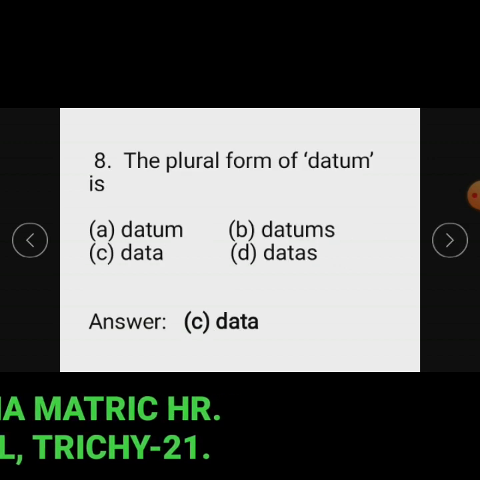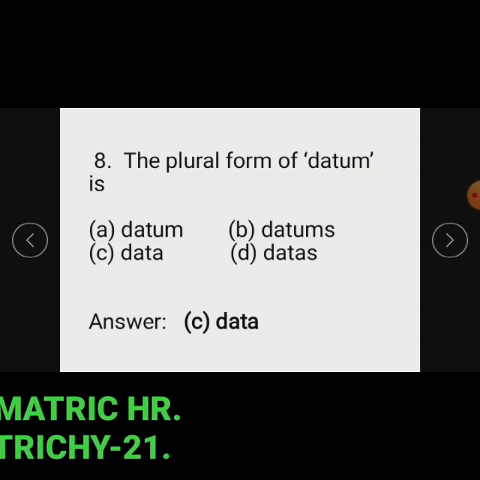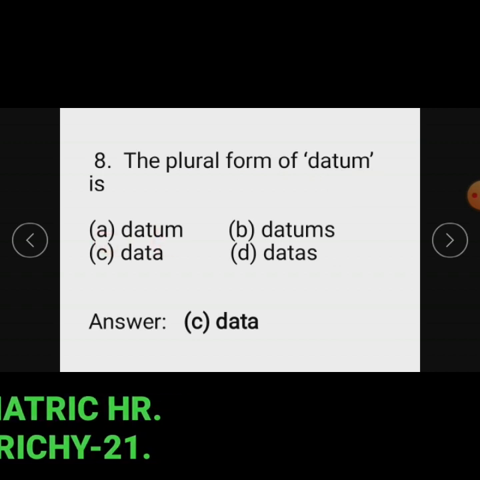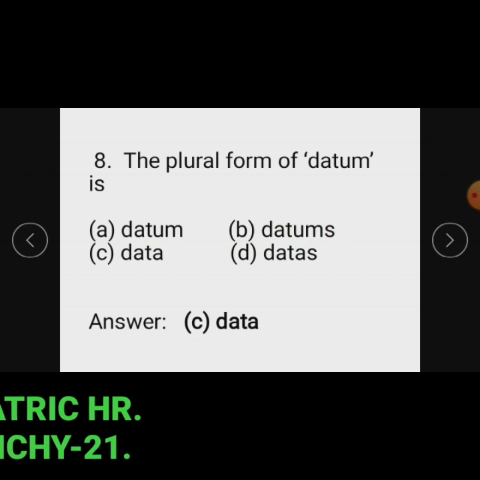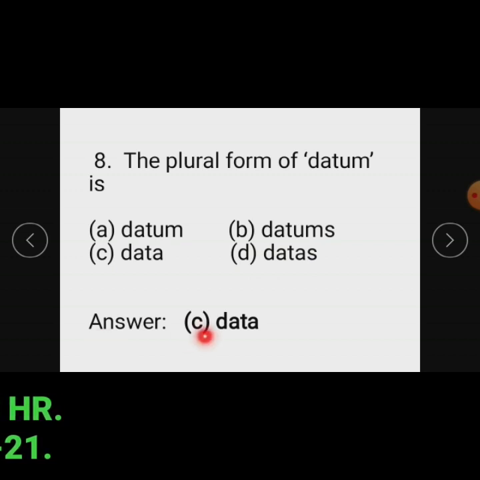Question number 8. The plural form of datum is option A datum, option B datums, option C data, option D datas. Answer option C data. The plural form of datum is data.